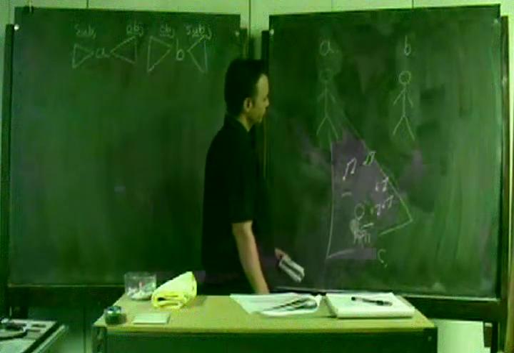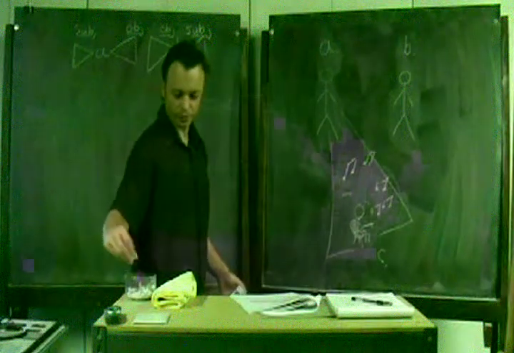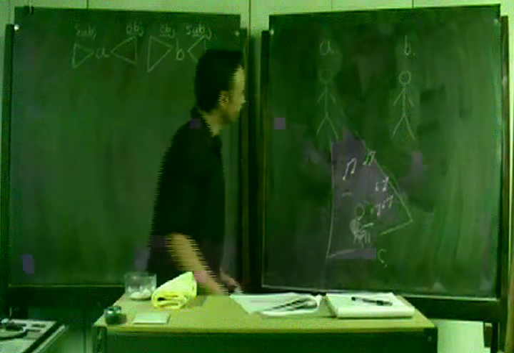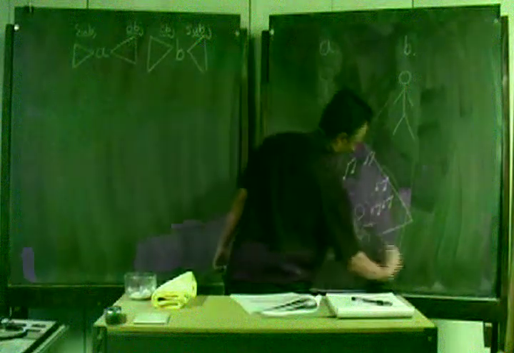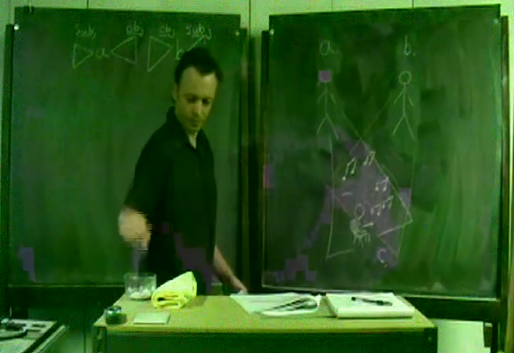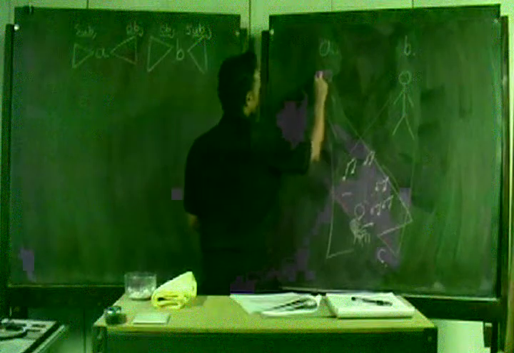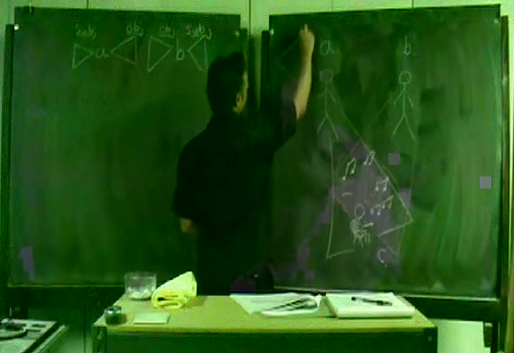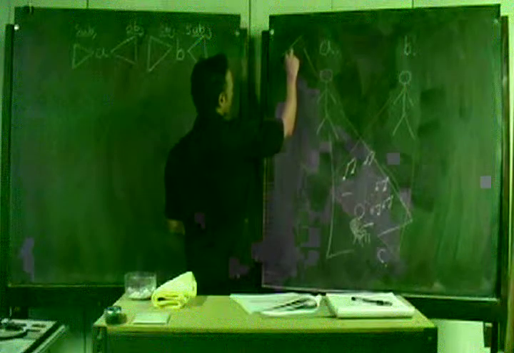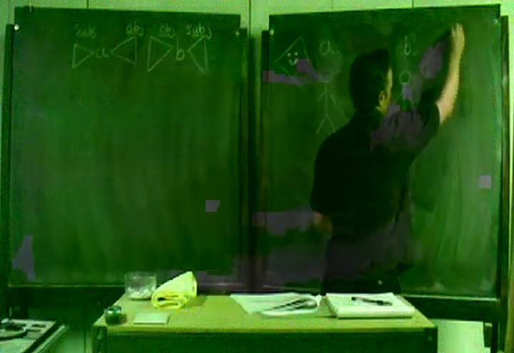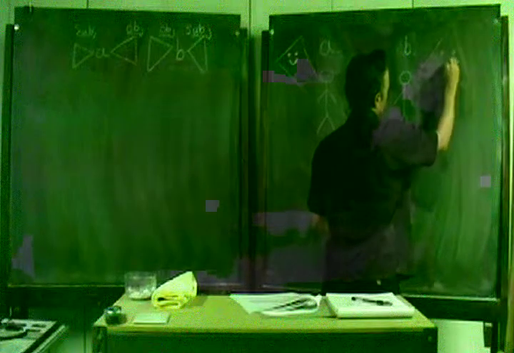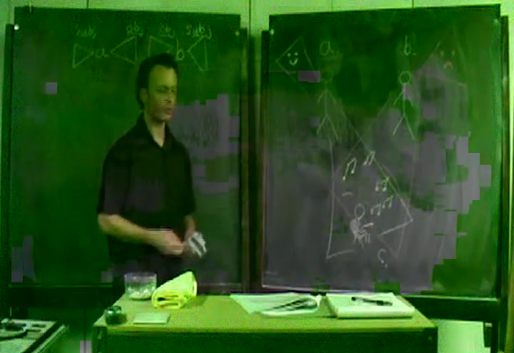So A has his or her observation of C, and B has his or her own observation of C. And so let's just say that A is enjoying the music, and B is not enjoying the music.